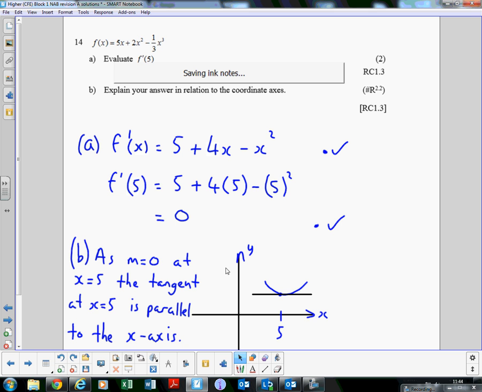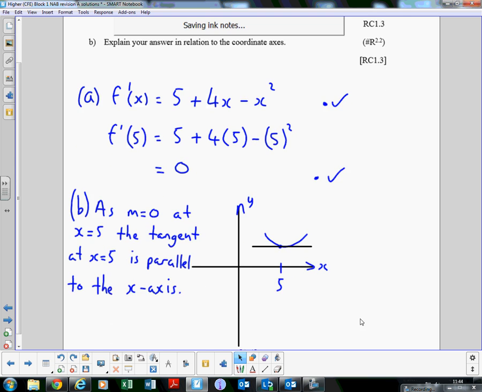If the gradient's 0 at this point, the tangent to the curve at that point will also have a gradient of 0. Relating that to the coordinate axes, it will be parallel to the x-axis. So as the gradient at x equals 5 is 0, the tangent at x equals 5 is parallel to the x-axis, because we're relating it to the coordinate axes.